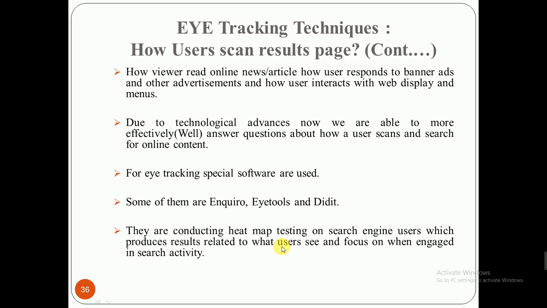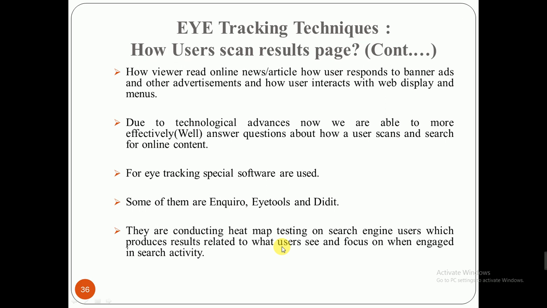If the advertisement is there, you will skip it and start your next video. If the banner advertisement is there and you want to see it, it's compulsory. If the menu is attractive, then you will see the menu many times, how they have developed it, what the requirements for it are. So this type of thing happens in eye tracking techniques.